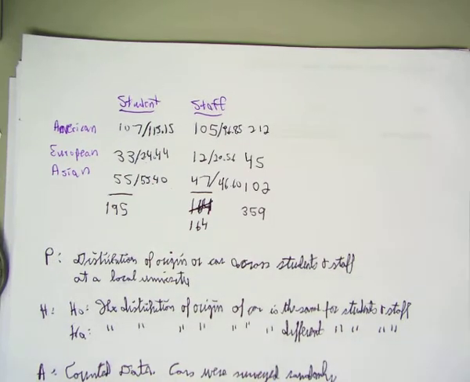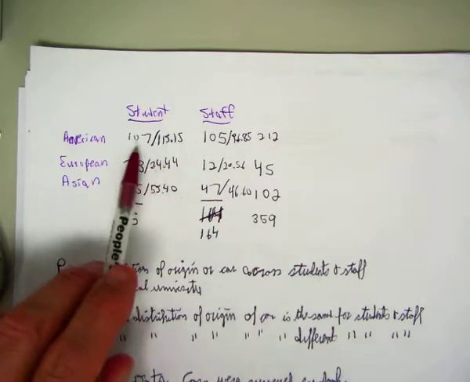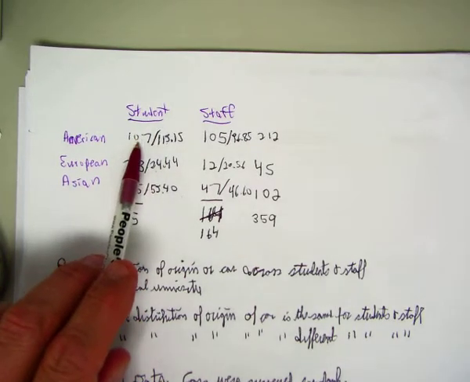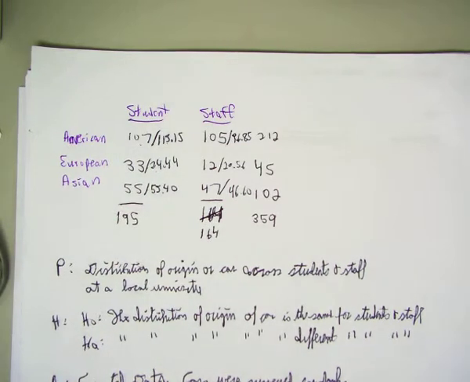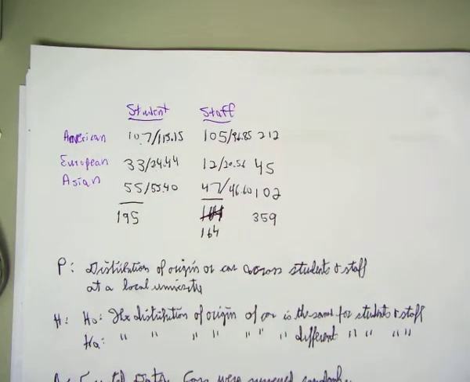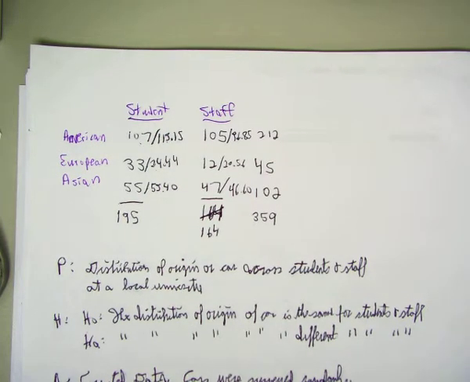And then my conclusion, whenever I reject the null, is I'm going to go back up here and see what happened. Well, it looks to me like students are driving less American cars than expected and more European cars than expected. So the distribution, actually, let me try this.